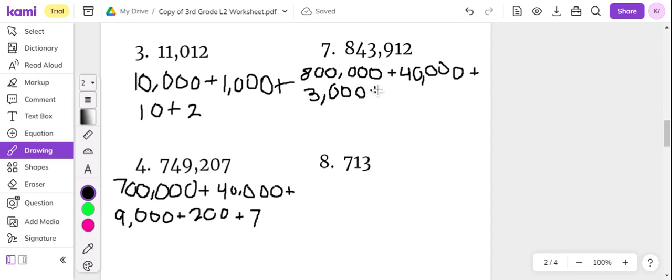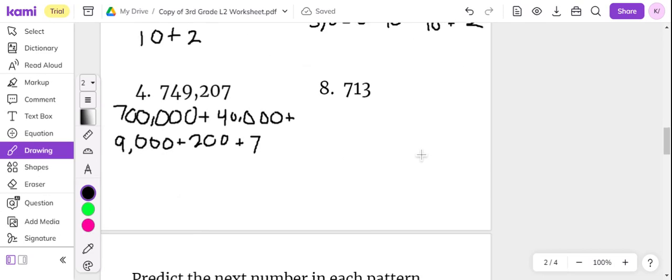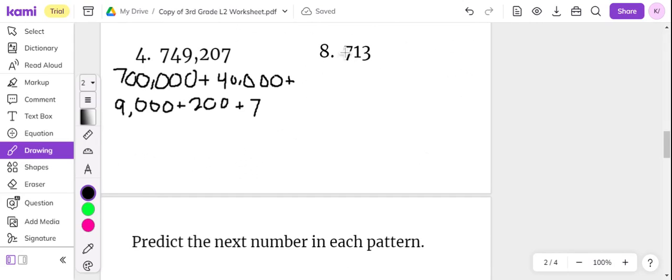Plus 900. Plus 10. And then plus 2. And this will equal 843,912.